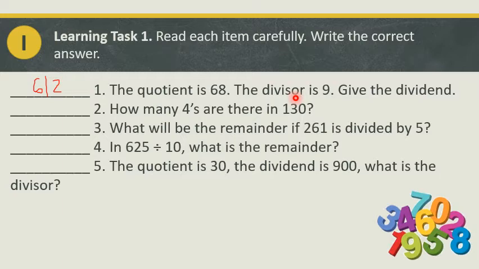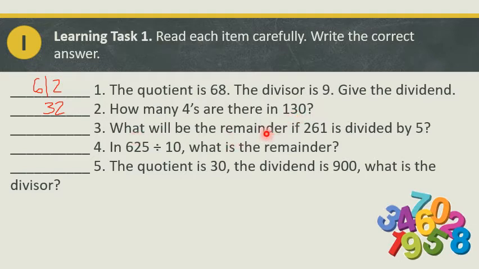So, ilan pong 4 ang mabubuo natin sa 130? We will get 32. Kasi yung matitira dyan ay hindi na ma-group as 4. So, may matitirang dalawa dyan, hindi na siya kasali. Okay, so there will be 32 4s in 130.